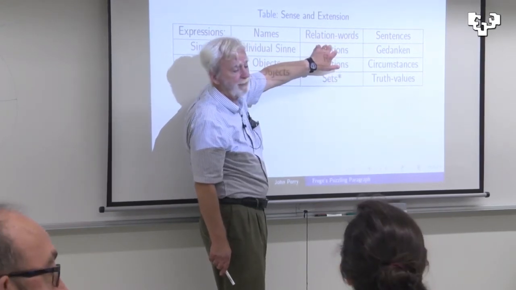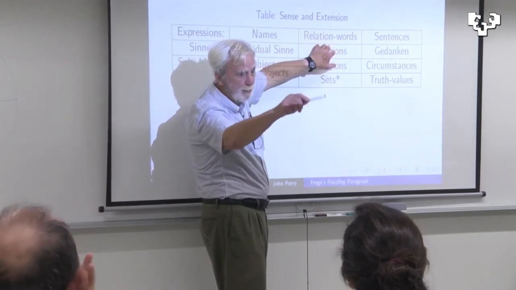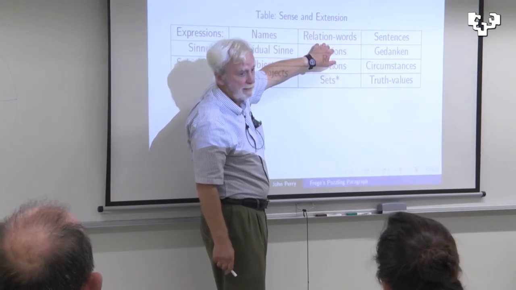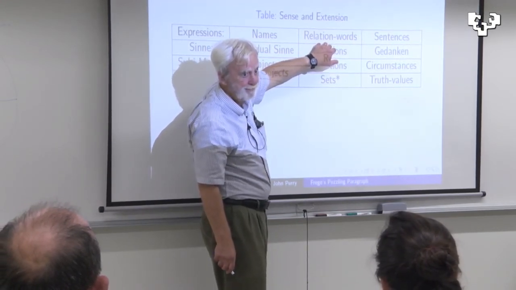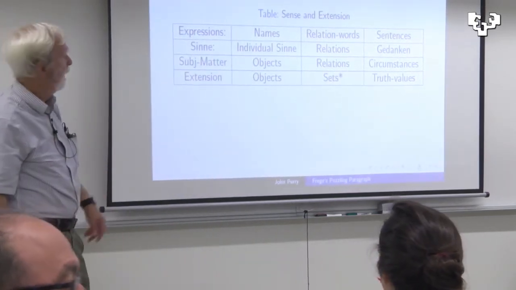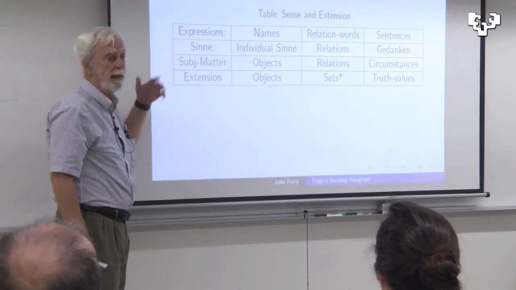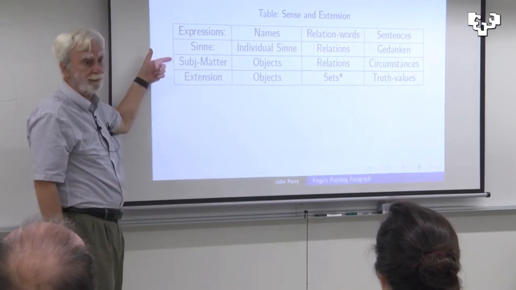If you think of the sense of a relation word as an additional set of properties that a property has to have to qualify as a relation word, then you're thinking in a very reasonable way, but as far as I can tell, that's not what Frege is thinking of. Okay. Yeah, okay. So now I claim, and Frege seemed to think in the Begriffsschrift, this is the natural level at which we operate.